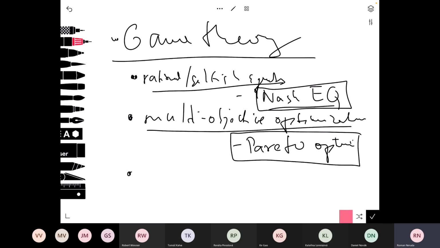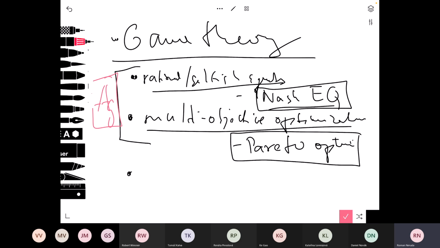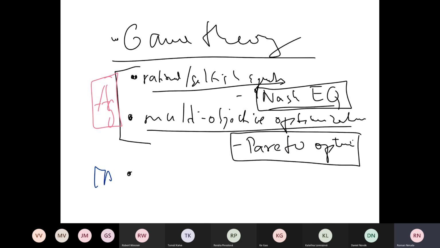Another point of view we already mentioned is observing the system as a whole. These two things, the optimal strategies of rational agents and Nash equilibria, or the Pareto optimality, are from the point of view of an agent, or these two agents, and what agents should do. But we can also take a look at the point of view of a multi-agent system.